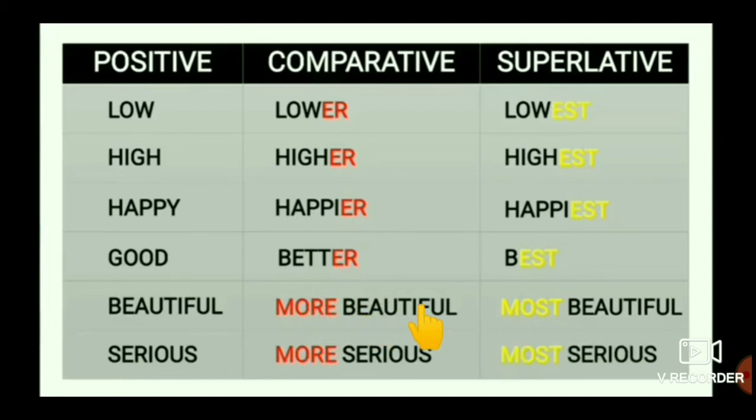More beautiful, most beautiful. Children, remember, we add more before the adjective for comparison between two things only. For more than two comparisons, we add most before the adjective. Understood? Like that, serious, more serious, most serious.